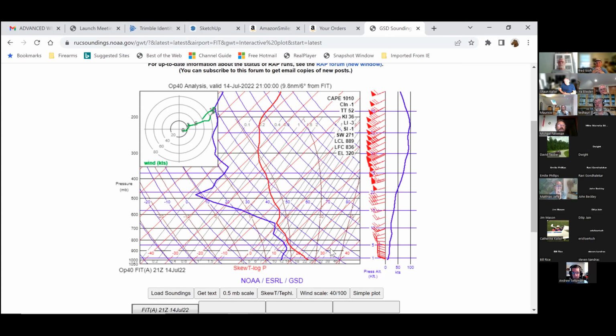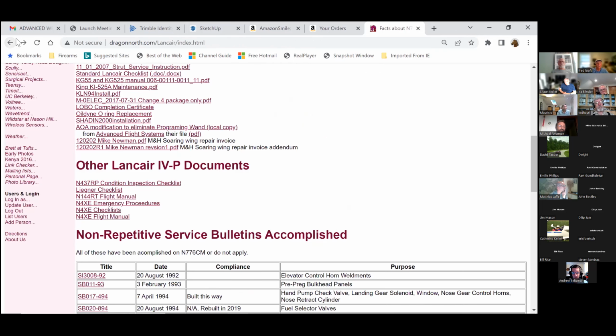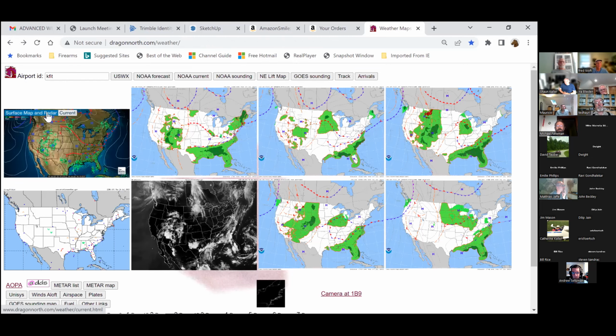If we back up to my website a minute, this is my weather page, and I just collect data from a bunch of different places. A current plot with radar and forecast plots with where they think the precipitation is going to be, and I get the whole day's sequence.